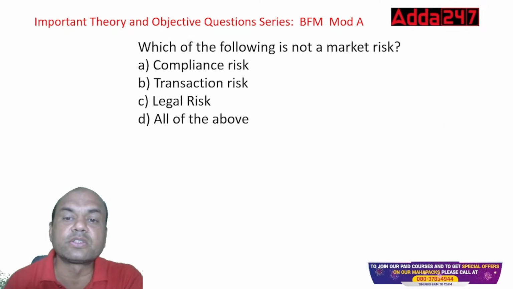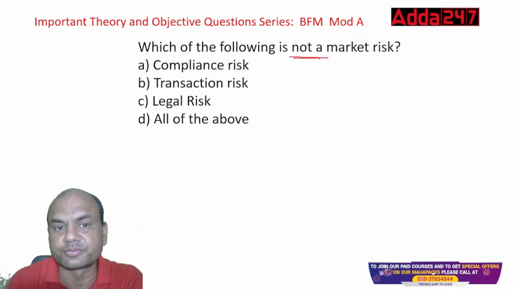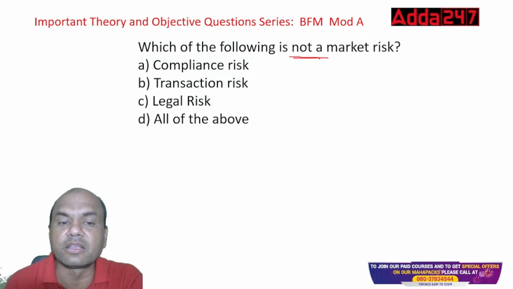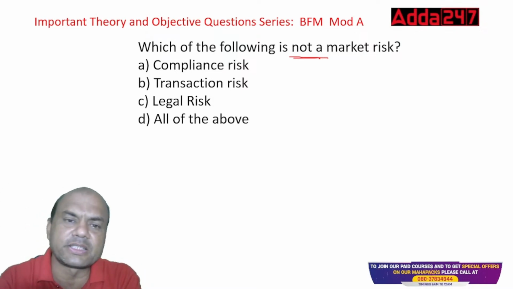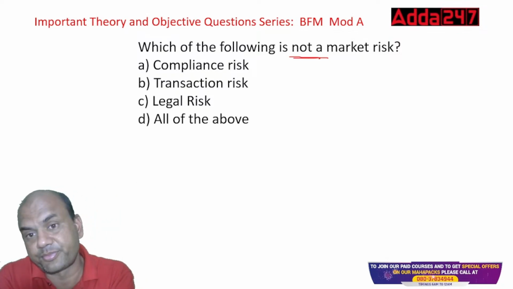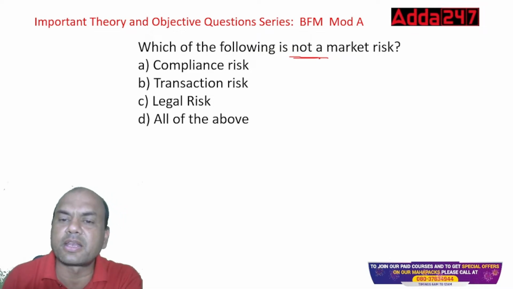Which of the following is not a market risk? Compliance, transaction, legal, all of the above. Type fast in the comment section. Which of the following is not a market risk? Market risk means the risk which is not in your hands.